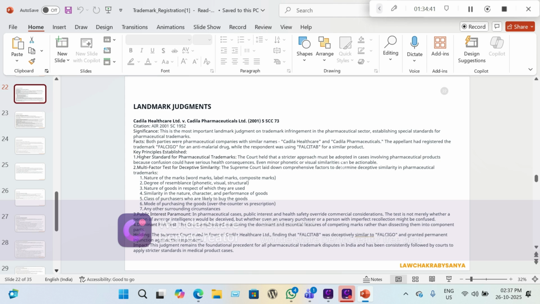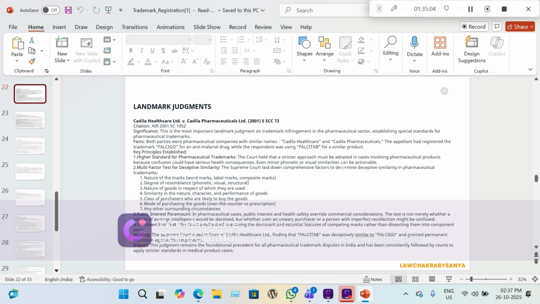So what was the dominant part test? The dominant part test is that you are not dissecting the mark to see which part is similar and which is not. It has to be taken as a whole. You have to understand what is the dominant part of the mark. In this case, the dominant part was Falci, so Falcigo and Falcitab.